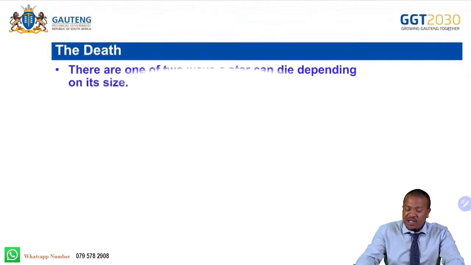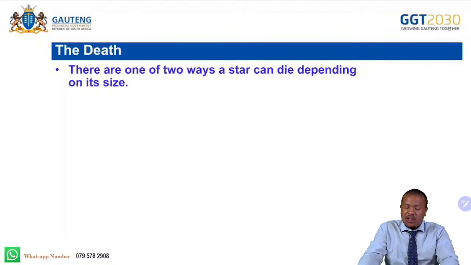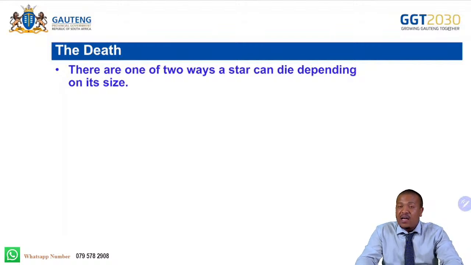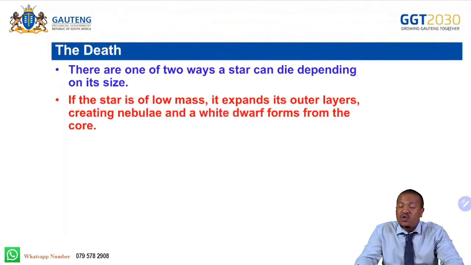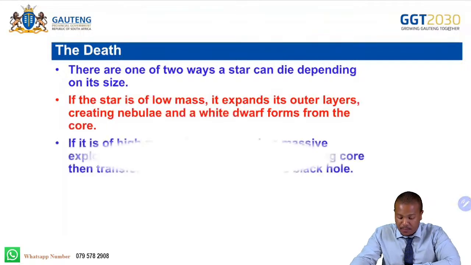So now to mention the death of stars, right? There are one of two ways a star can die depending on its size. If the star is of low mass, it expands its outer layers, creating nebulae, and a white dwarf forms from the core.